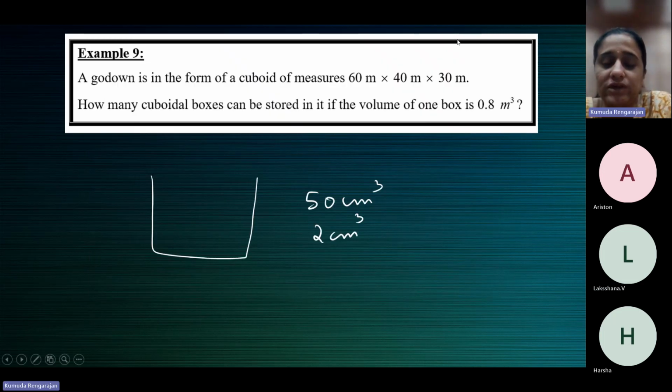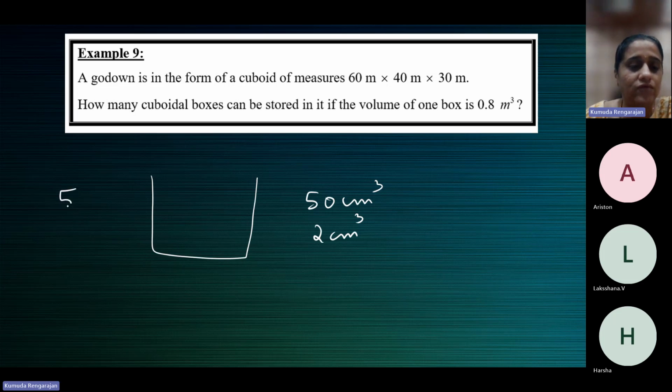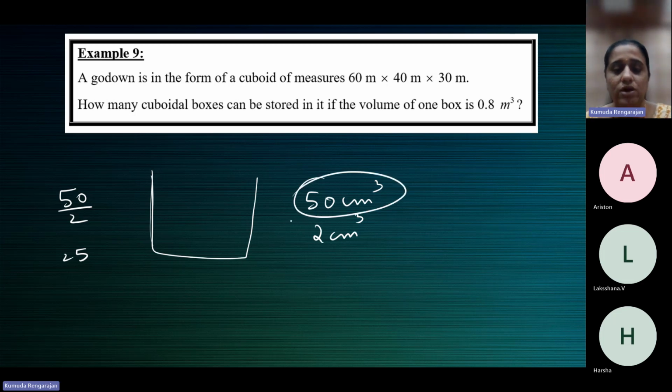So if the volume of the container is 50 centimeter cubed and the volume of each ice cube is 2 centimeter cubed, then we can store 50 by 2, 25 ice cubes in this. The volume of the container, the vessel, is 50 centimeter cubed. The volume of each unit you're going to store in this container is 2 centimeter cubed.